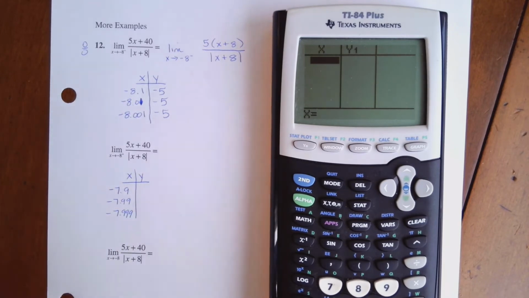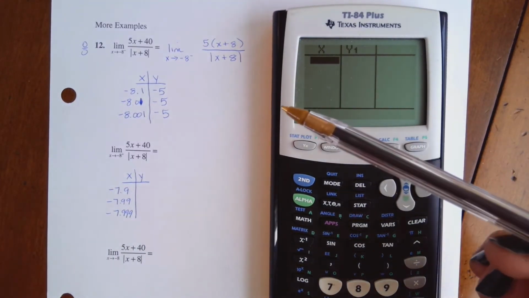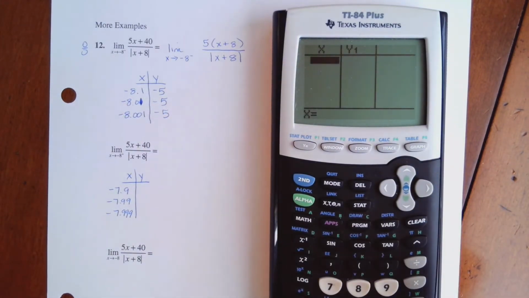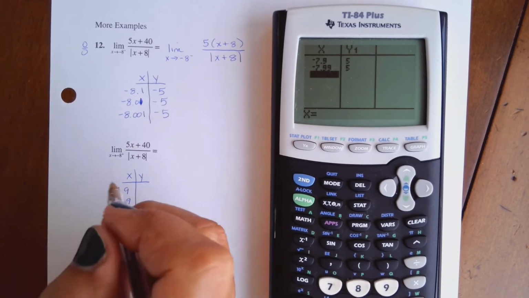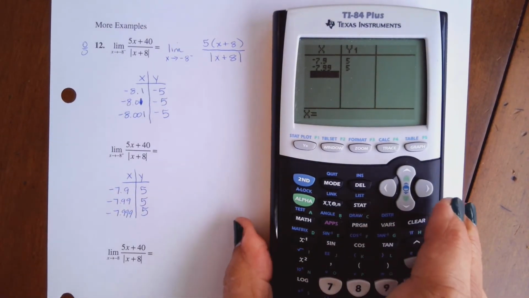Numbers to the right of -8 would be -7, -6, -5, and I want to get as close as I can to -8, so I'm going to use decimals. So if I put in -7.9, I get +5, -7.99, right, and so on and so on. So these are all going to give me 5, as I did see from the graph.